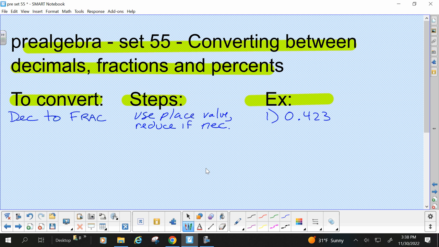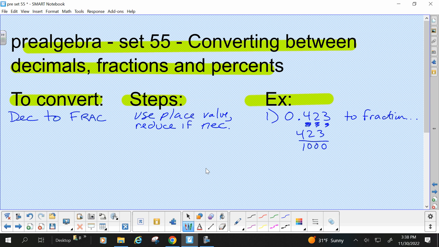So if the question was 0.423 to a fraction, then we would say, all right, based on the place value, this is tenths, hundredths, thousandths. So another way to say this is 423 thousandths.